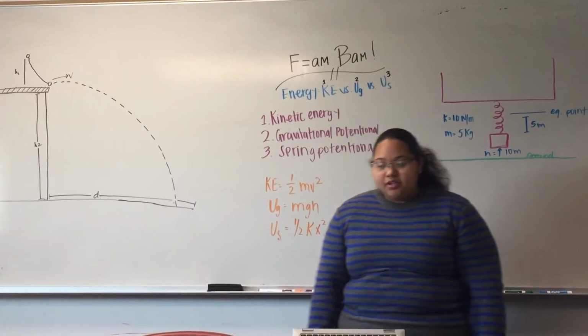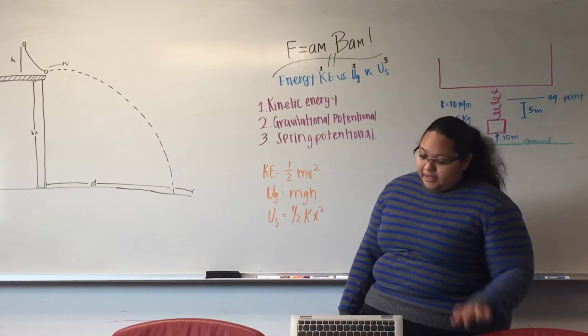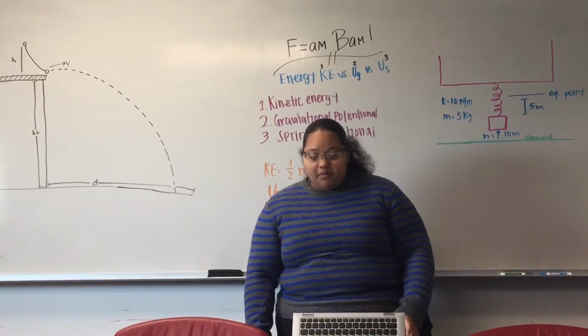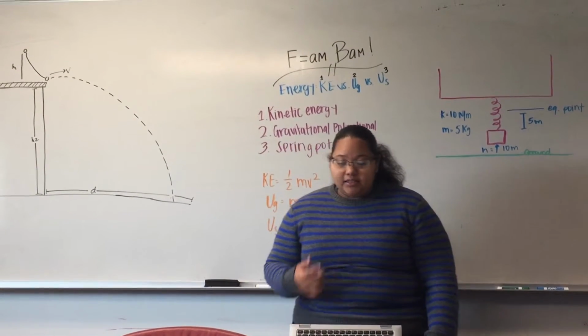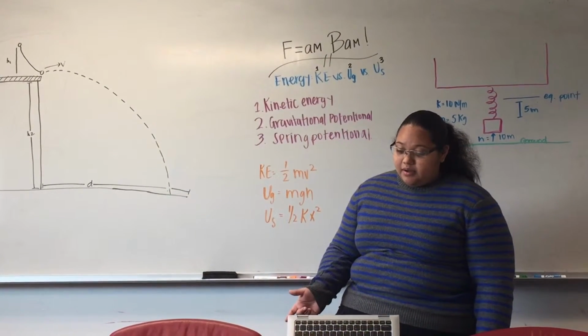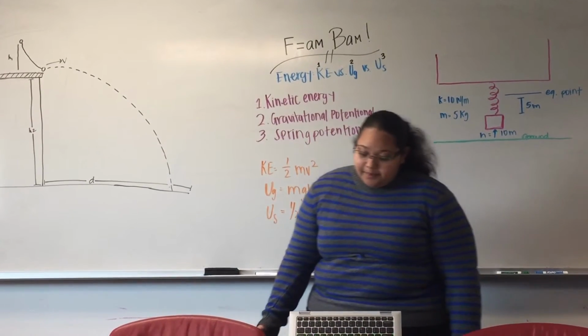A typical conclusion that you can get out of this is if the mechanical energy was conserved as the marble went down the ramp, you should have the amount of potential energy at the top of the ramp compared to the amount of kinetic energy at the bottom of the ramp.